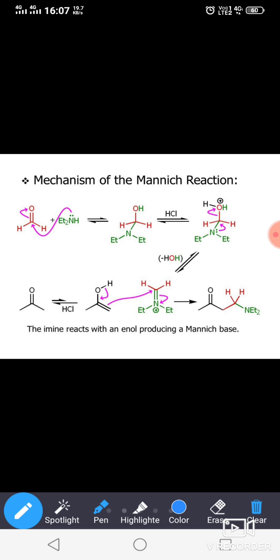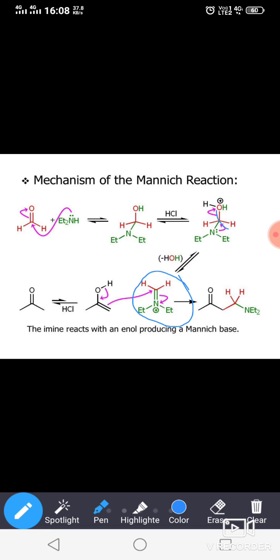So whatever carbon you have at this place will have the positive charge. To neutralize that positive charge, the lone pair of electrons on the nitrogen will get transferred between the carbon and nitrogen, and you will get this iminium structure.